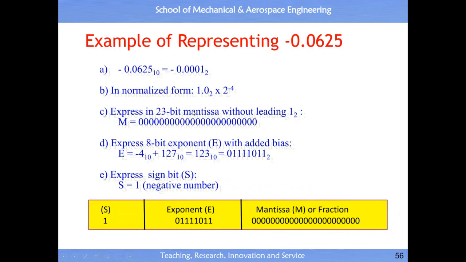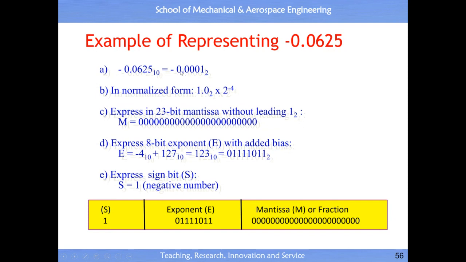Then here is one more example for you to practice this. How about this one? In this case, this is not the normalized one. First we have this decimal number as a fraction. We must convert it into a binary number, the fraction part of the binary number.